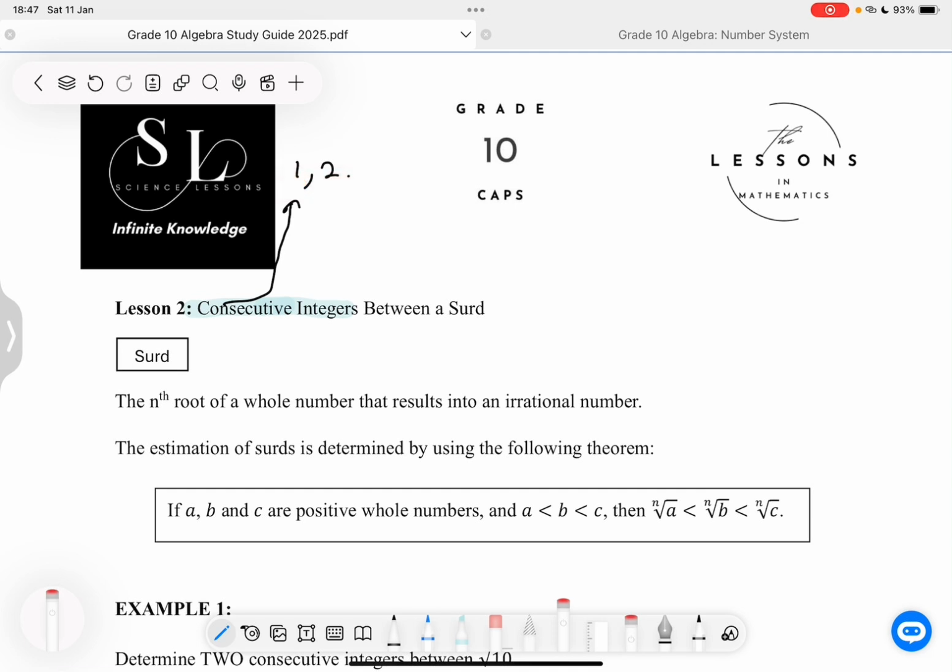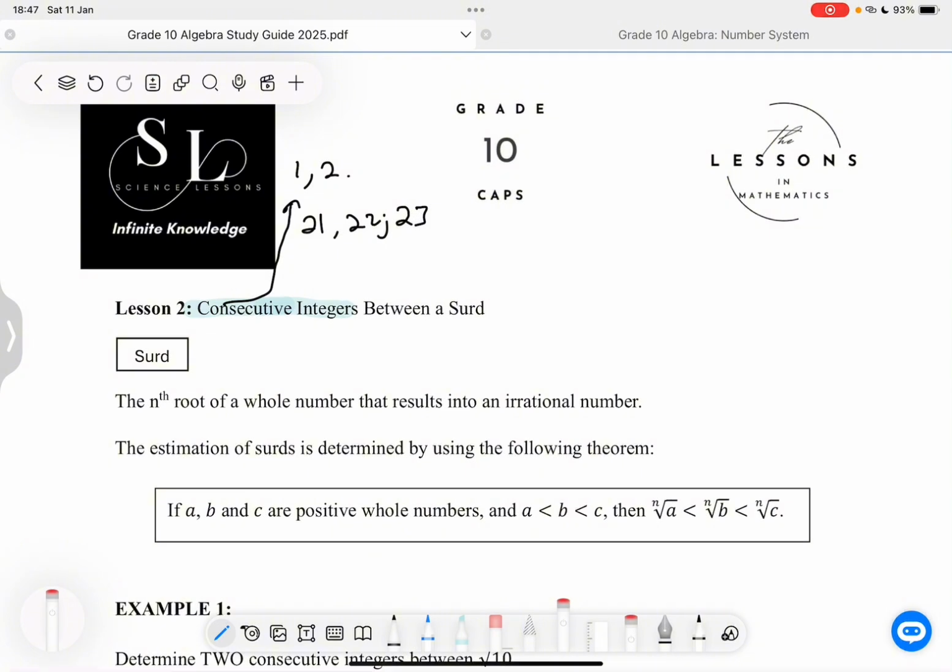If I give you, say, 3 numbers, 21, 22, and 23, all these 3 numbers are consecutive integers because each of these numbers is an integer and they follow each other. 22 follows 21 and 23 follows 22.